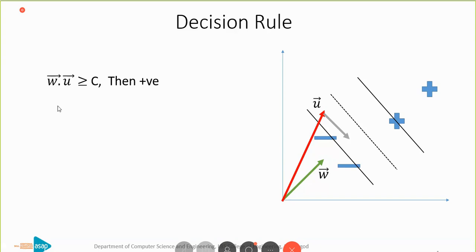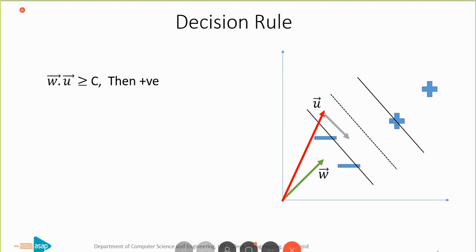I'm taking the length of the vector W to the other side and making it a constant. So if the value is greater than or equal to some constant, then I can say that it is a positive sample.